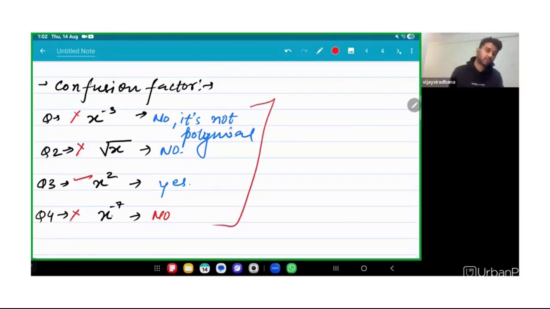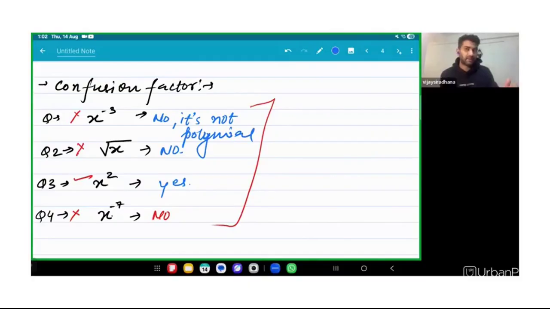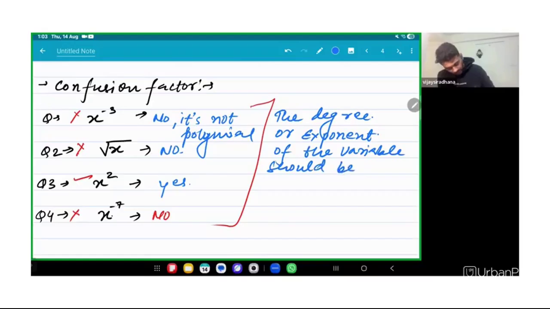Now let us know why it is not a polynomial. So students, the polynomial is something where the degree, or the exponent of the variable, should be a whole number.